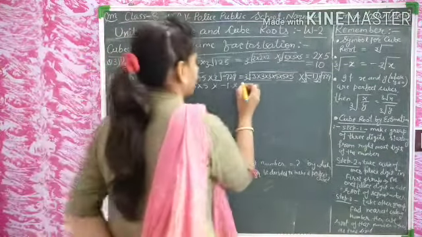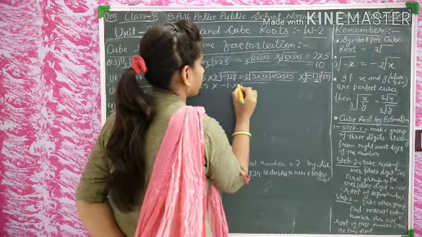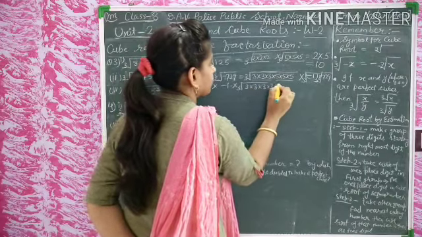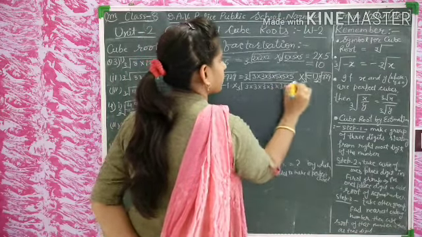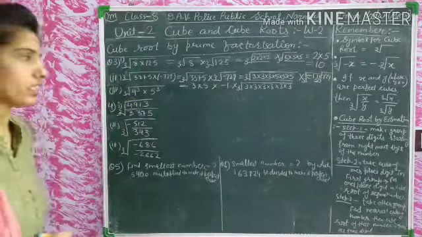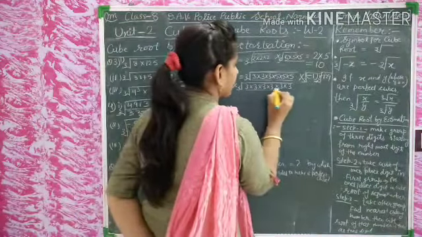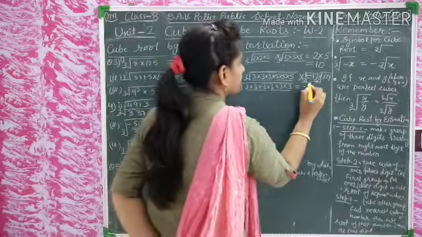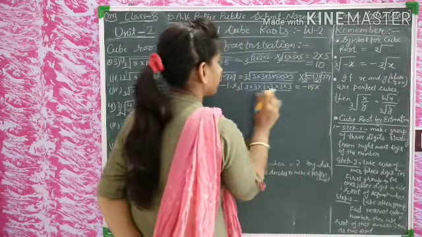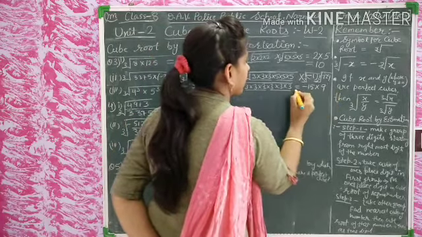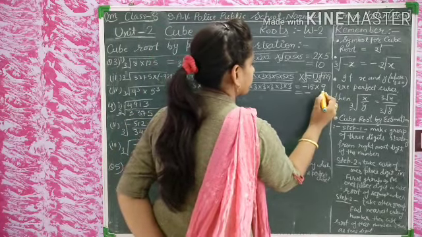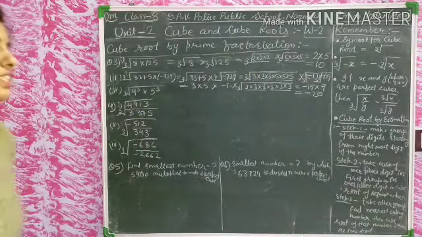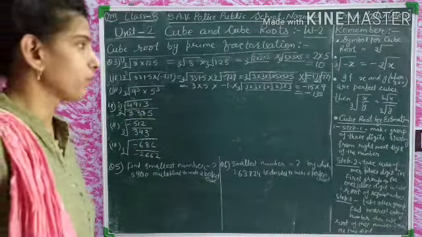That is, the prime factorization is 3 into 3 into 3 into 3 into 3 into 3. This is the prime factorization of 729. So we are taking here the triplets and this becomes minus 15 into 3 into 3, that is 9, and that is equal to minus 135. Okay students, we see here that this is the cube root of minus 135.